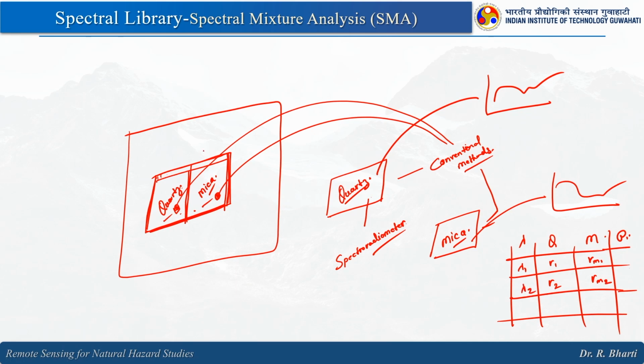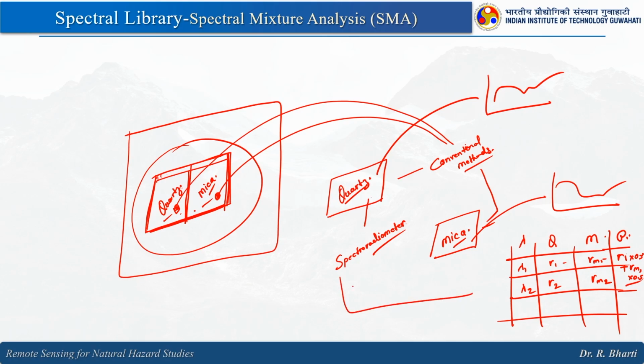Now, we know that this particular pixel has 50% of quartz, 50% mica. So, I can simply do this R1 into 0.5 plus RM1 into 0.5, right. So, like that you will produce the combination of these two spectra which is representing this particular image, right.